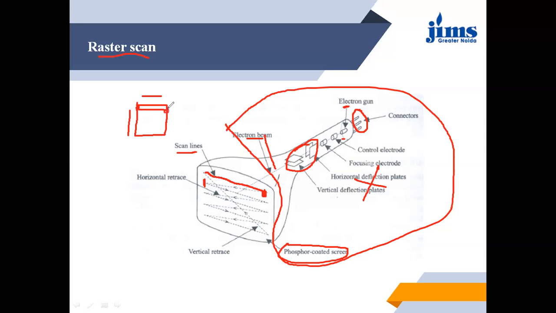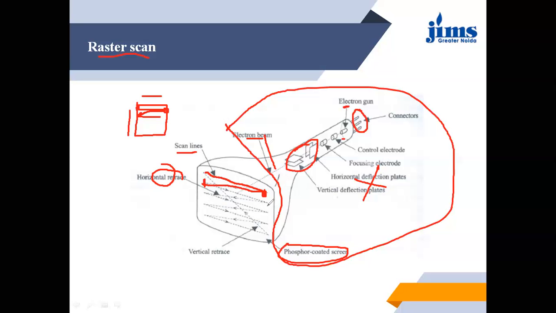Then after this, the ray has to be transferred to the next scan line, and it will also start from the left corner of the next scan line. When the electron beam transfers from the right hand side corner to the left hand side corner, this is called horizontal retrace.